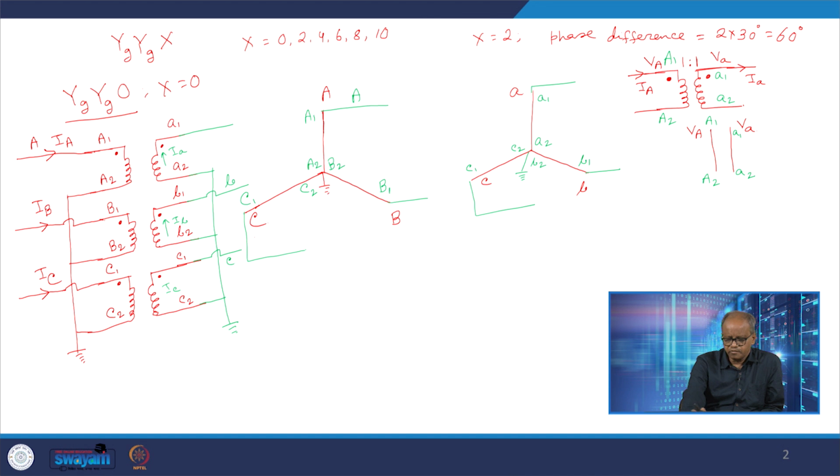And once we have made this terminal marking here, we come back to this side and simply reflect these terminals here.